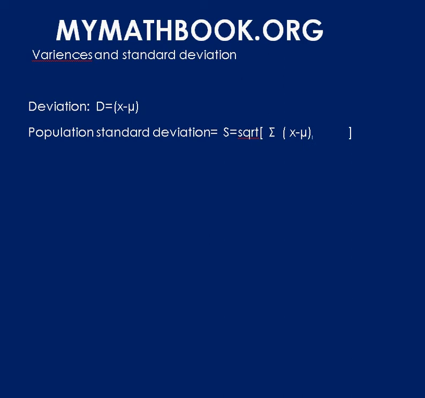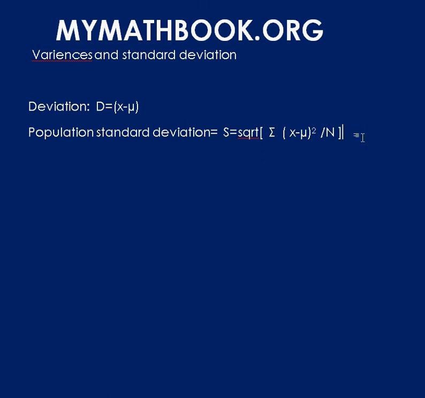So you have to square that deviation here, and then everything here will be divided by N. Alright, so that's the formula for standard deviation for the population.